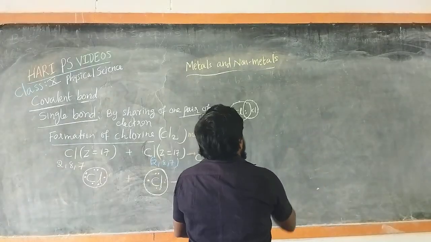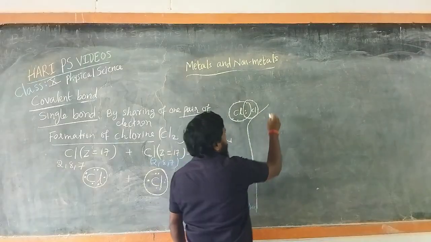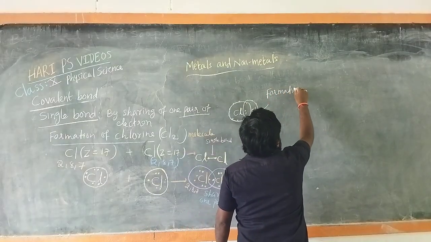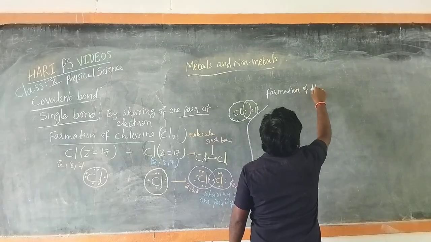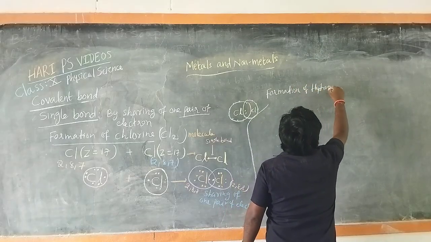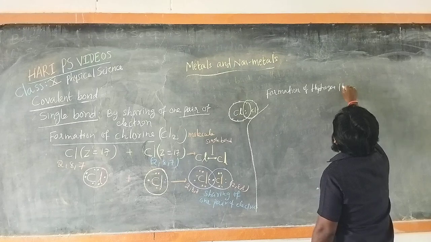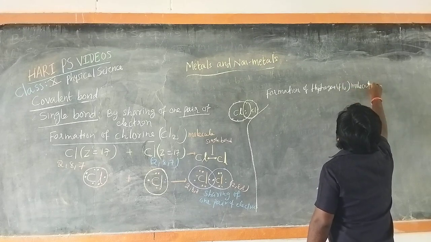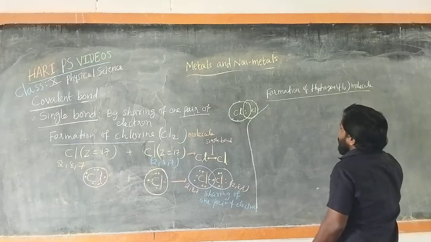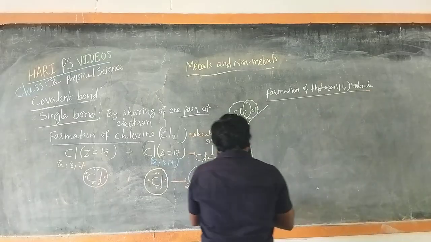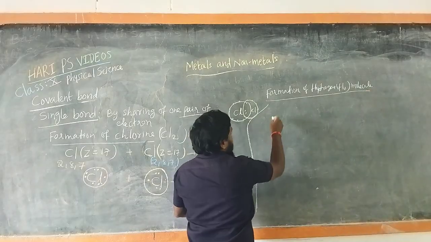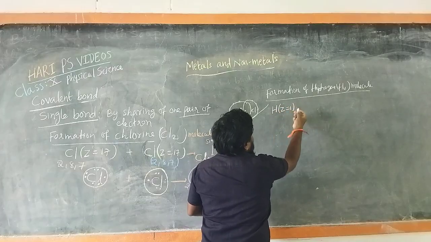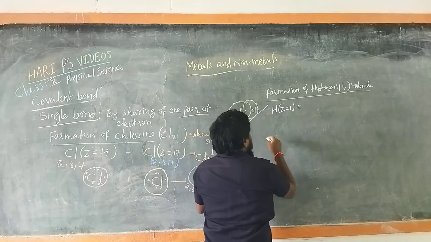Next, formation of hydrogen molecule. So let's take hydrogen. Electronic configuration is 1.